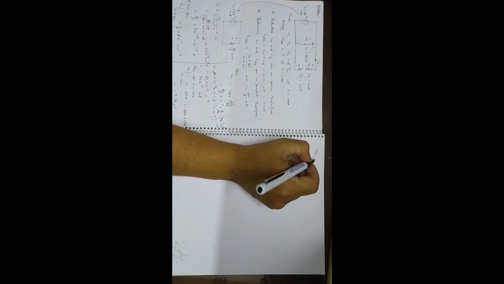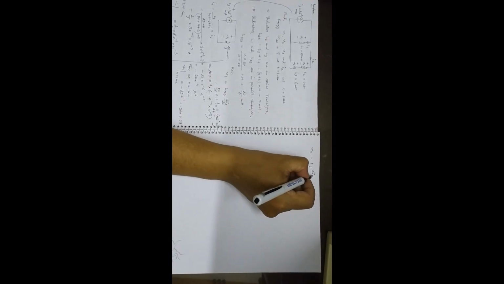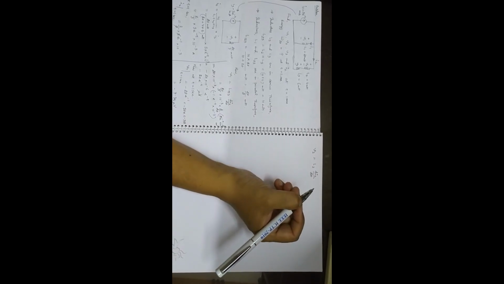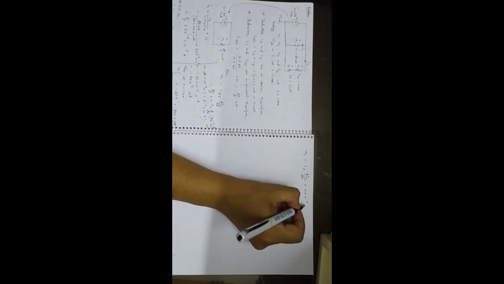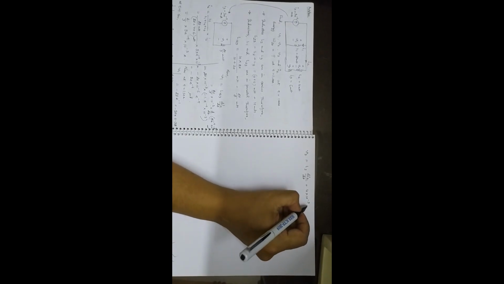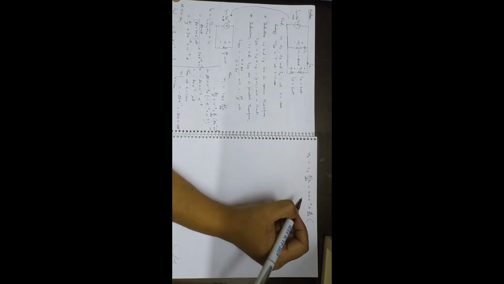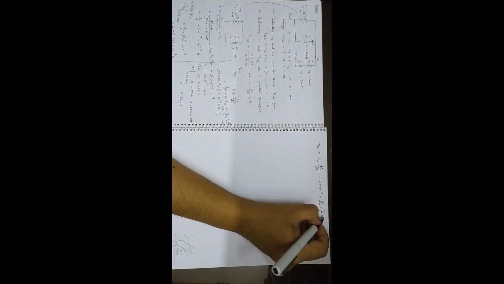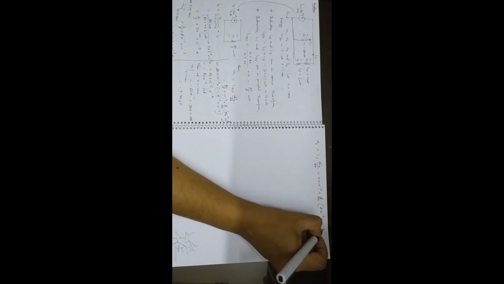V2 will be equal to L2 di2 by dt. L2 is 4 millihenry and I2 is 2 e to the power minus t into 10 to the power minus 3.